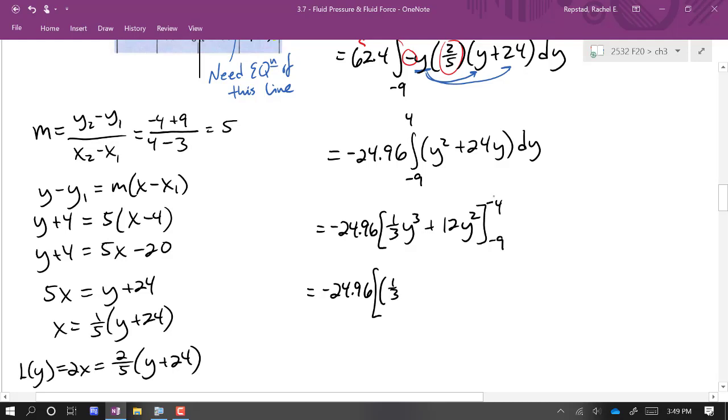Oh, that's a negative 4. Oops, that's a positive 1/3. 1/3 times negative 9 cubed plus 12 times negative 9 squared.